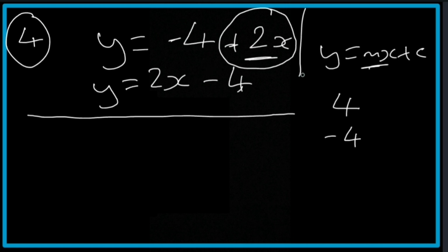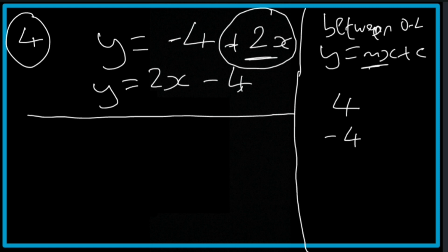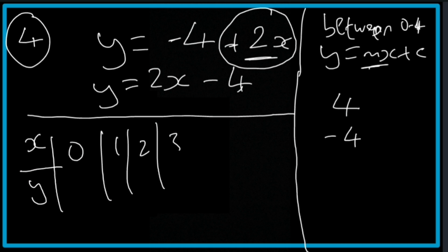Okay, now let's say we were going between 0 and 4. This time we're going to just take the positive values. So x, y, 0, 1, 2, 3, 4.